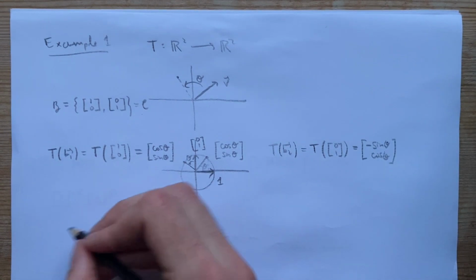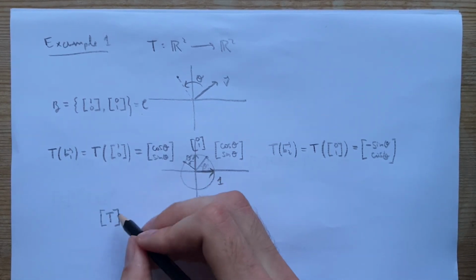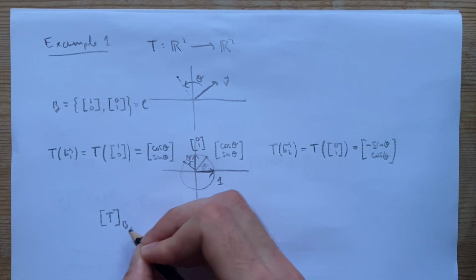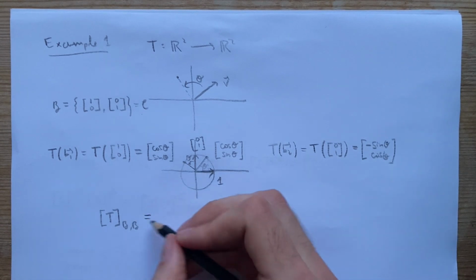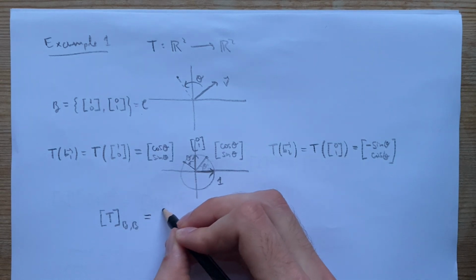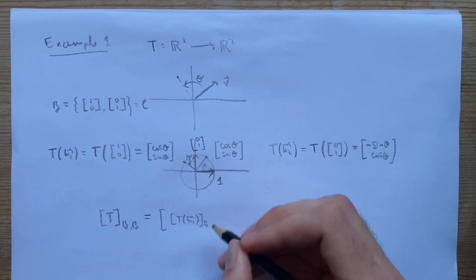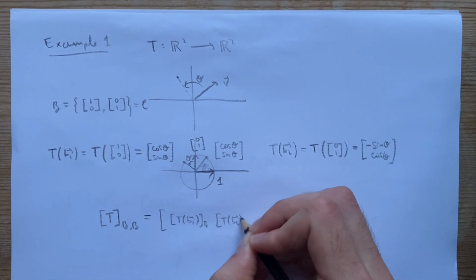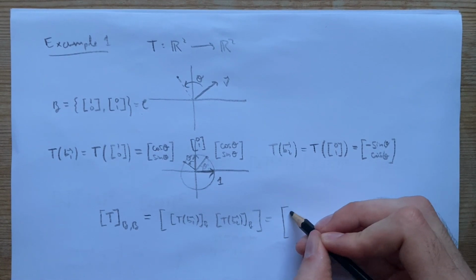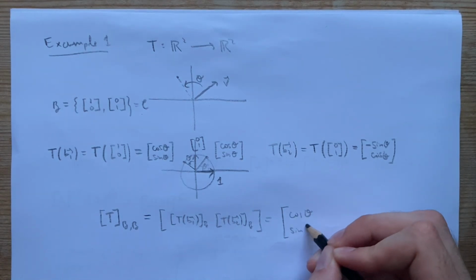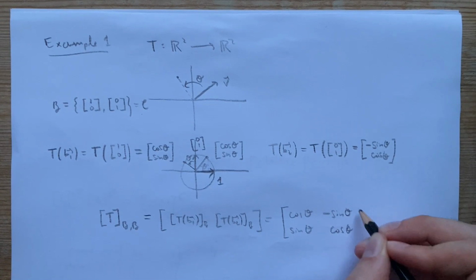Now, if you remember the formula from before, the matrix associated to this rotation with respect to the bases B and B is given by T of B1 in the basis B and T of B2 in the basis B. And here, this is simply the matrix with rows (cos theta, minus sin theta) and (sin theta, cos theta).